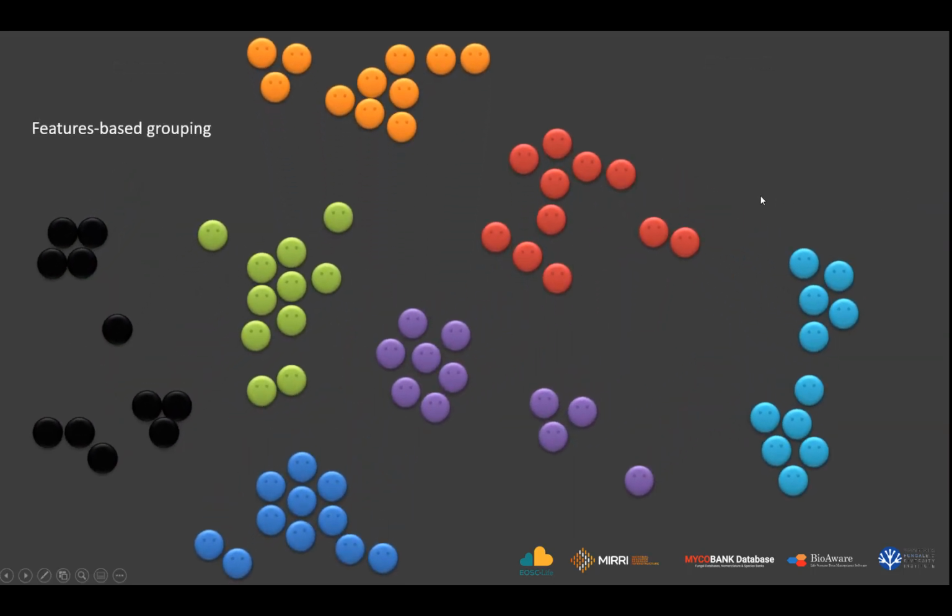But if you would do a grouping of the strains based on a certain feature, for example, the ability to digest glucose or the ability to produce something or to be resistant to an antibiotic or something like that, you would have that kind of grouping. Here you can see that the grouping at the species level is working pretty well, and that the feature is species specific, I would say.